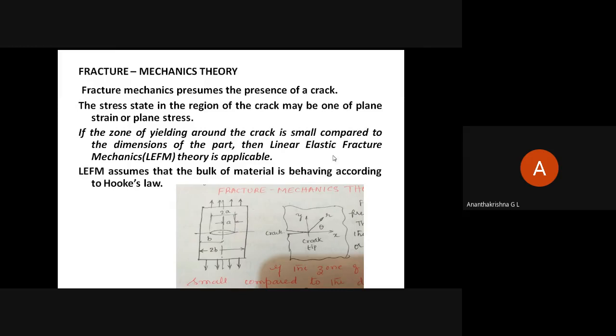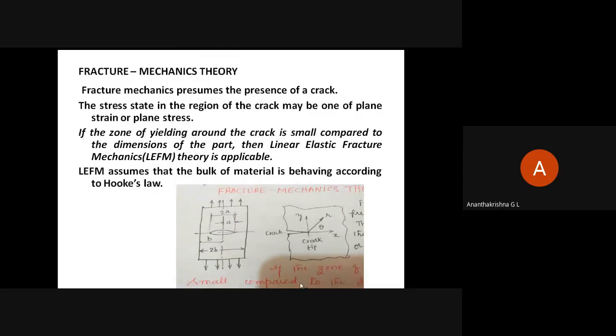In that case only can we apply linear elastic fracture mechanics theory. Linear elastic fracture mechanics assumes that the bulk of the material behaves as per Hooke's law, which is essentially stress proportional to strain. This is what we learned, and we have taken the sketch yesterday itself.